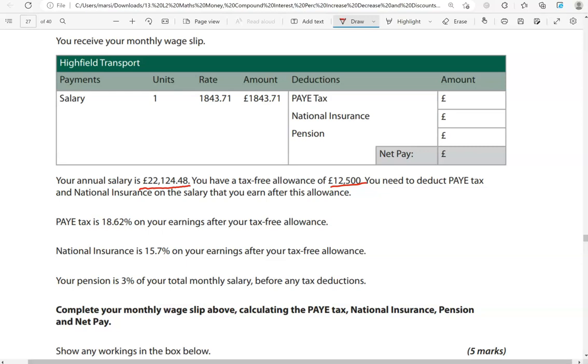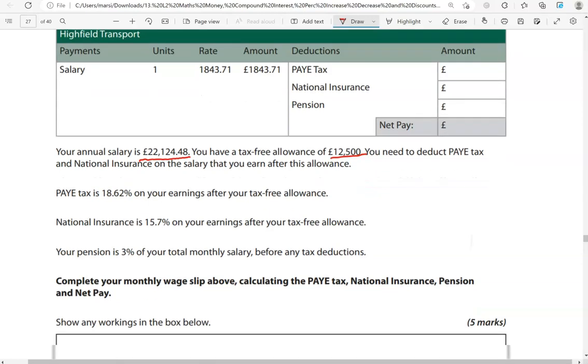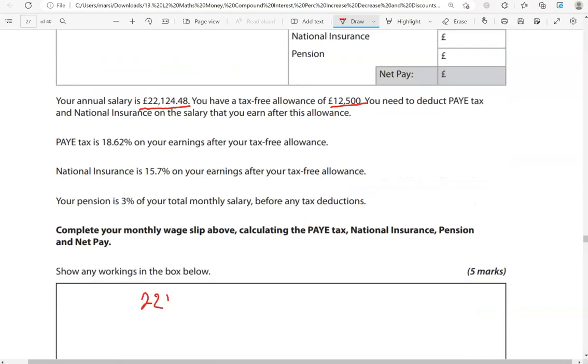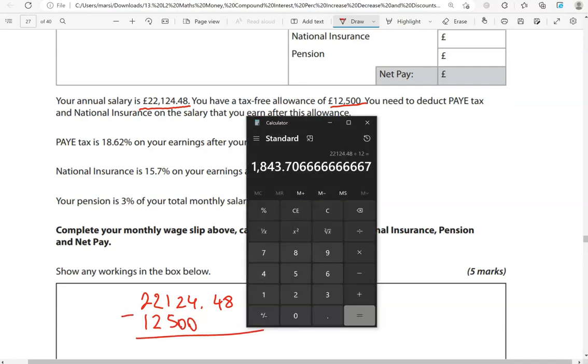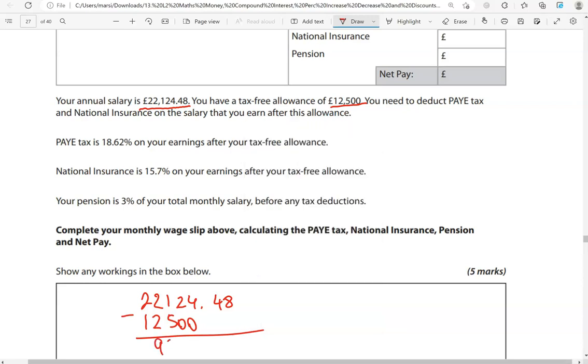So if we take away 12,500 from 22,124.48, that will give us the taxable income for the year, that is £9,624 and 48 pence.